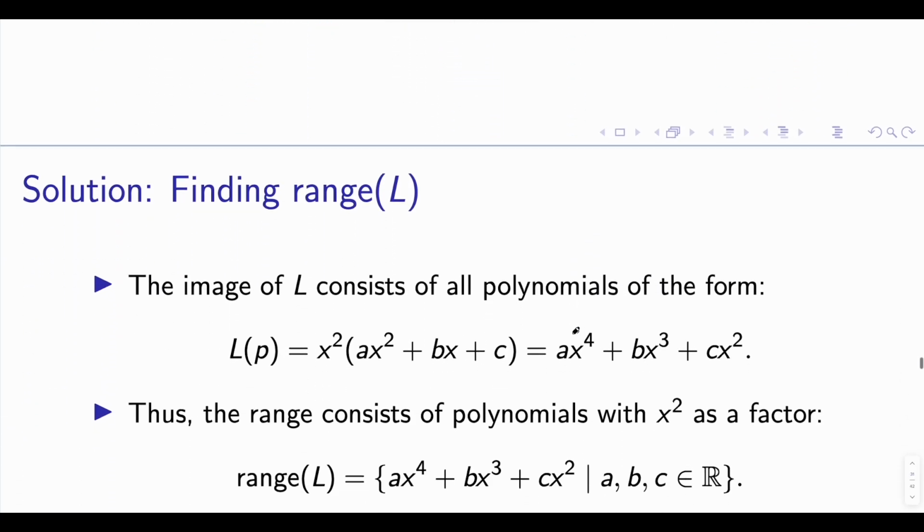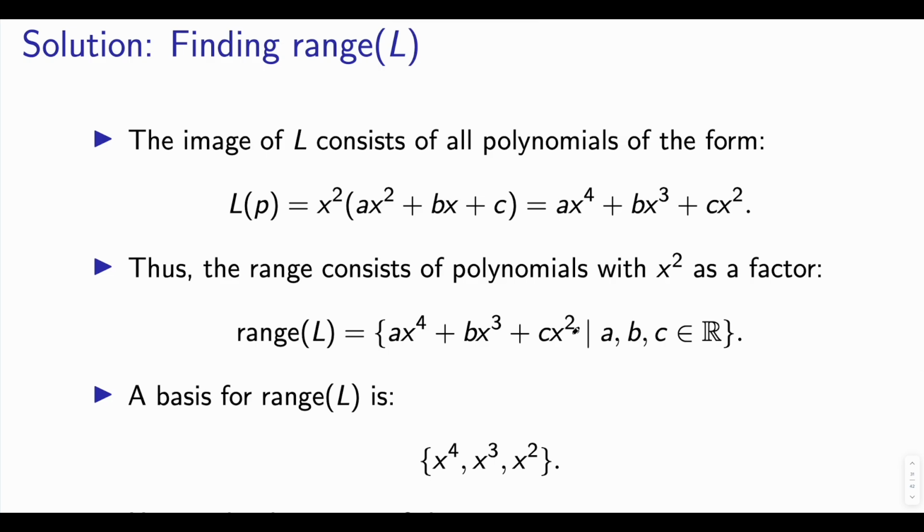Okay. So finding the range, the image consists of all polynomials of the form such that L(P) equals x squared times P. This polynomial is of degree 2, and when multiplied it becomes degree 4. It means that the range consists of polynomials with x squared as a factor.